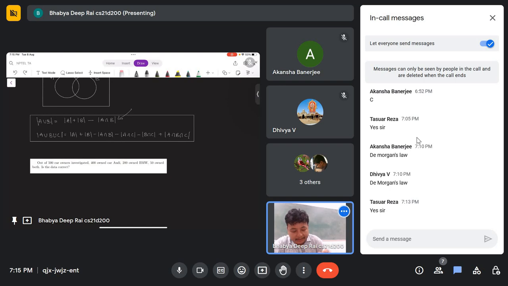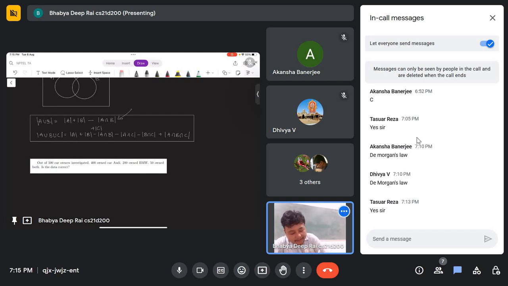But what is the inclusion-exclusion for A union B union C? Okay, 3 sets. Size of A plus size of B, there's a slight mistake here, I need to add the size of C also, sorry.